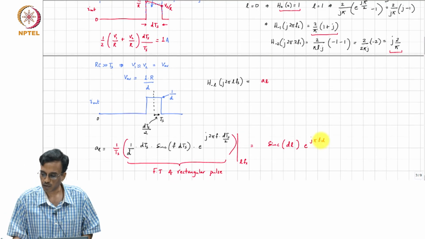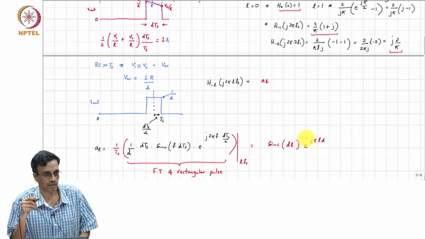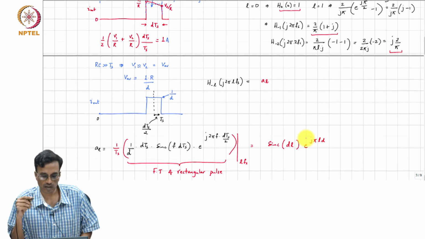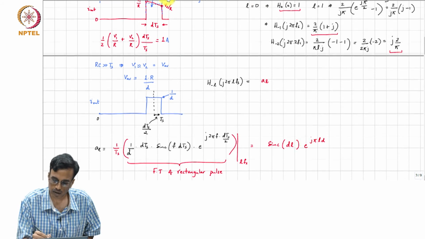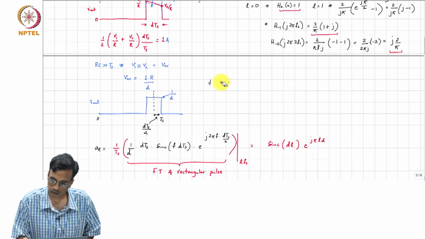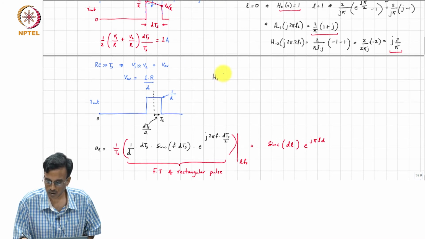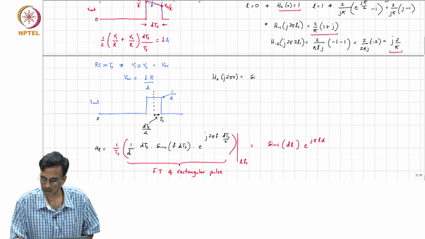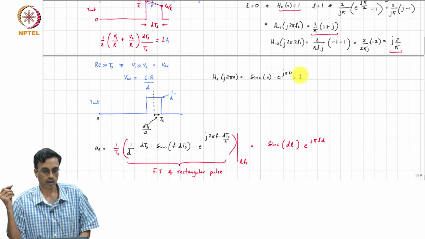H 0 is of course sinc 0 times e to the j pi times 0, which is 1. Fortunately, that works out.